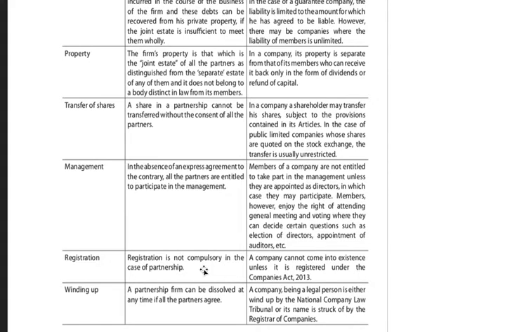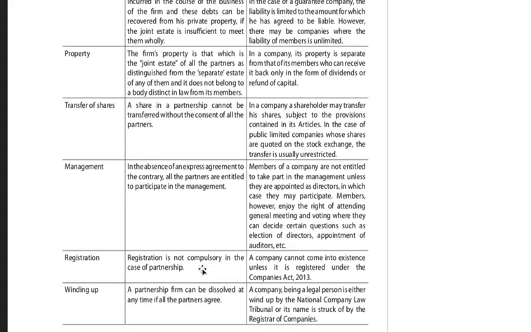Registration is not compulsory in the case of partnership. A partnership can come into existence even without registration. Like we discussed, it can come out of understanding, conduct, implied agreement, or oral agreement. When we allow these modes of existence for the partnership, that means registration is not mandatory, because registration can only be done of a written document.